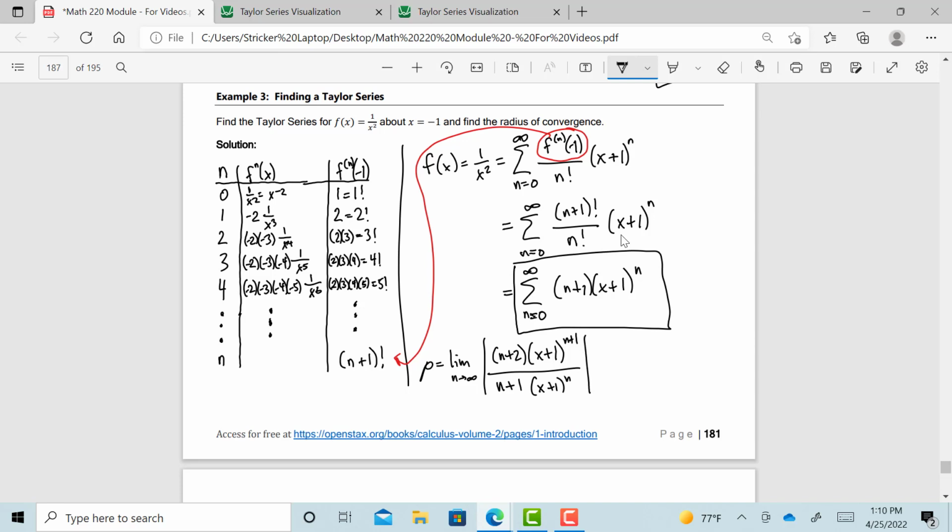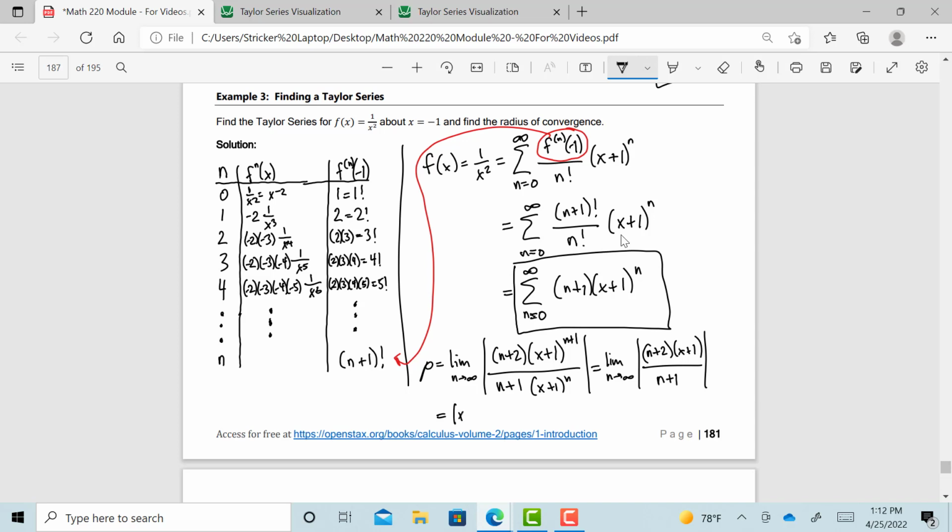And that's equal to the limit of (n plus 2) times (x plus 1) over (n plus 1).